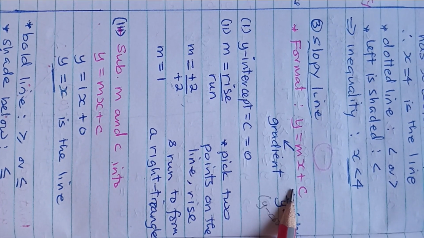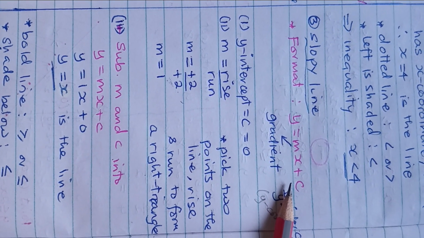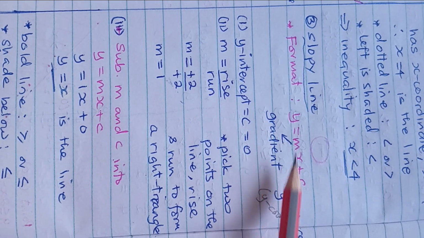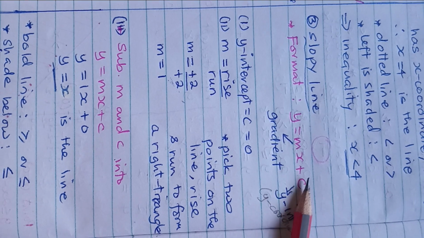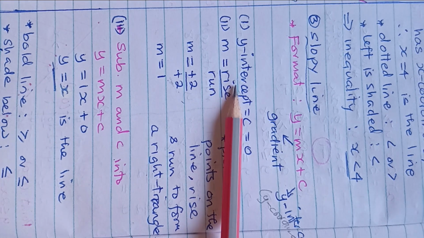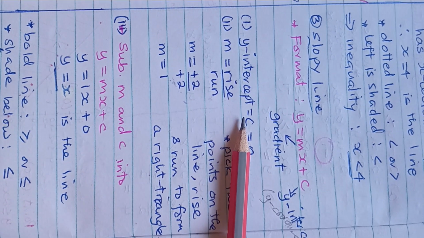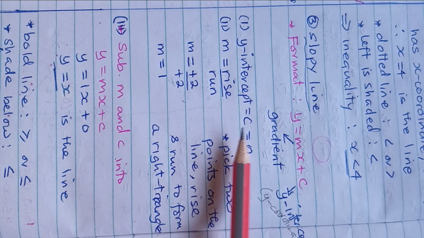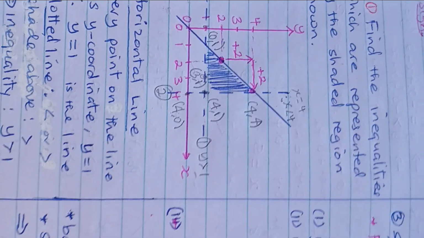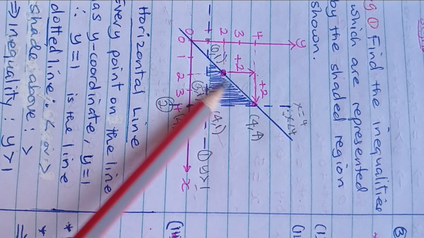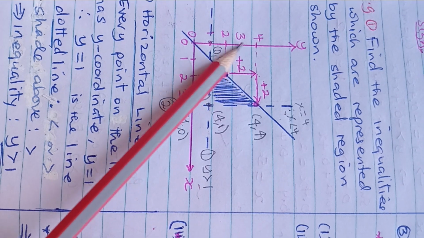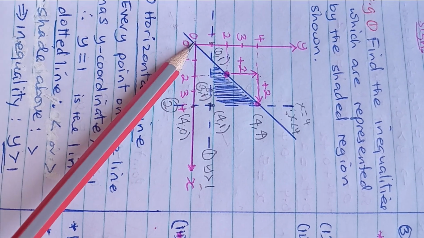Since the c value of this format of the equation is the y-intercept, we can say the y-intercept of our line is equal to the c value. If you look at the line, it cuts through this point right here, and that's where y is equal to 0.